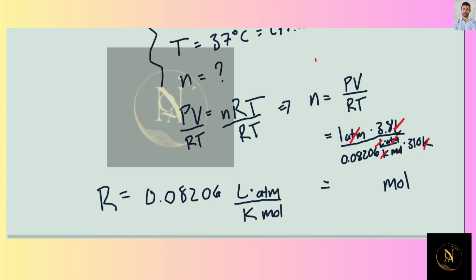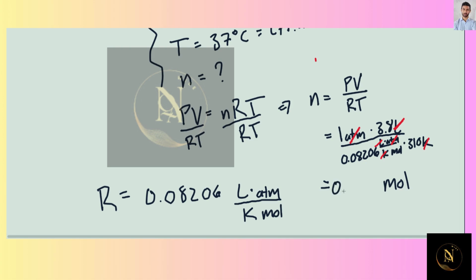Or you can say 1 times 3.8 divided by, and then put in parentheses 0.08206 times 310. Either way will get you the same answer, so long as you enter everything correctly. No matter what, you get 0.1493.